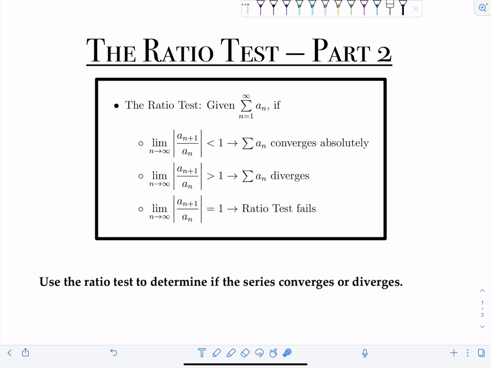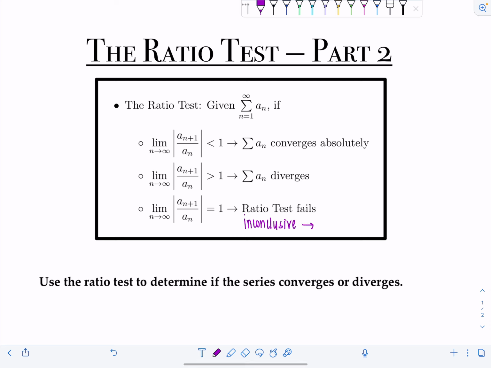If the limit as n approaches infinity, again of that same ratio, ends up being greater than 1, then we say the sum of a_n diverges. And then the last case, if the limit as n approaches infinity of that ratio equals 1, the ratio test fails, or think of it this way, it's inconclusive.